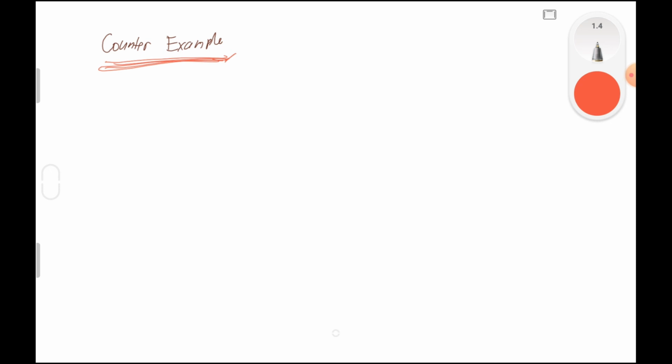Para ma-disapprove yung conjecture. Okay? So, pag hindi ma-disapprove yung conjecture based on the different counter example na sinabi natin, therefore, that conjecture is true. Okay? Pero pag nag-disapprove siya, therefore, that conjecture is false.